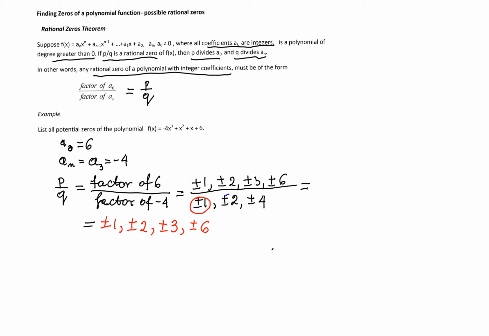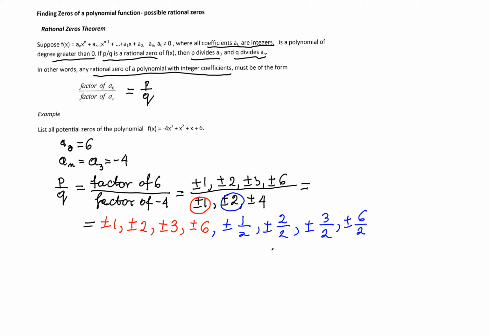Now, if I choose plus or minus 2 in the denominator, my numbers are going to be plus or minus 1/2. Plus or minus, I will take 2 from the numerator, and 2 in the denominator. Then plus or minus 3 from the numerator and 2 from the denominator, and plus or minus 6/2.